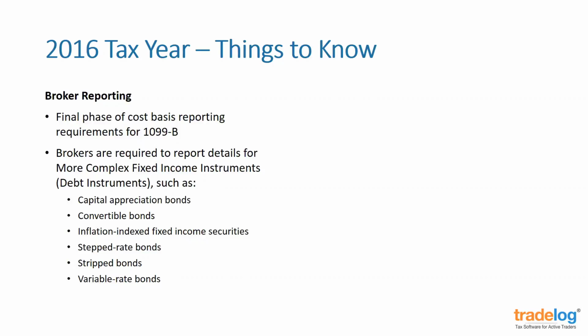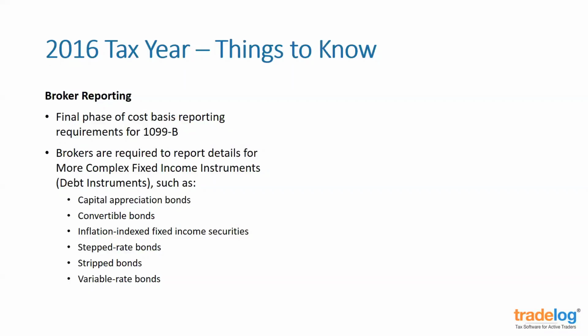So a lot of bonds that are involved. Again, these are more complex fixed income instruments. So if you do trade in those securities, you're going to see more details reported on those on your 1099-B this year, as well as brokers are required to make more adjustments when it comes to some of the interest and principal that is distributed on some of those instruments.